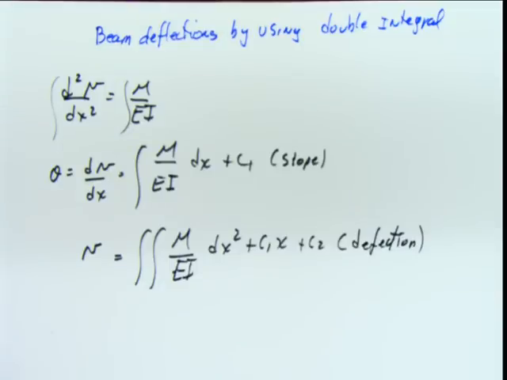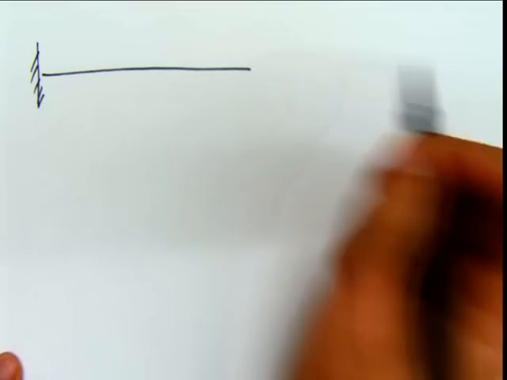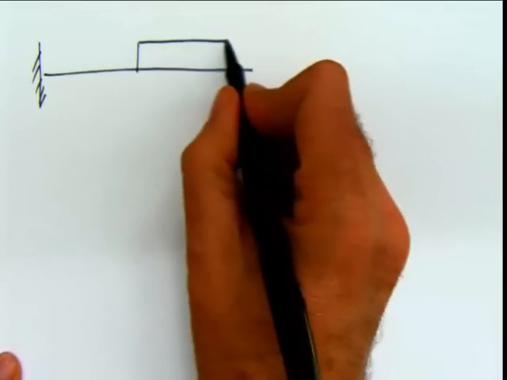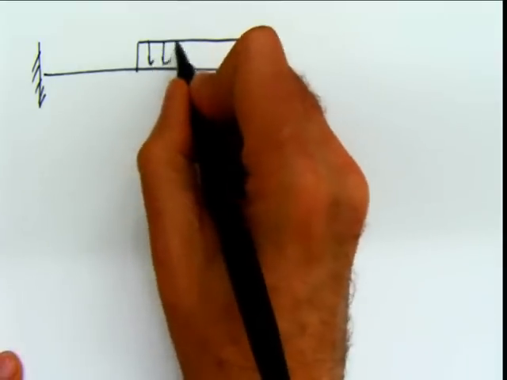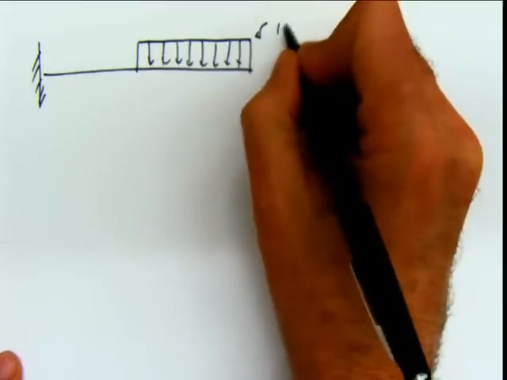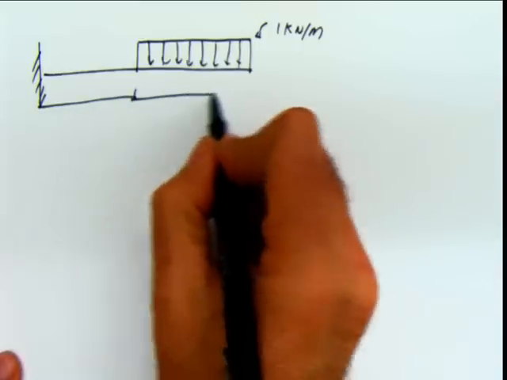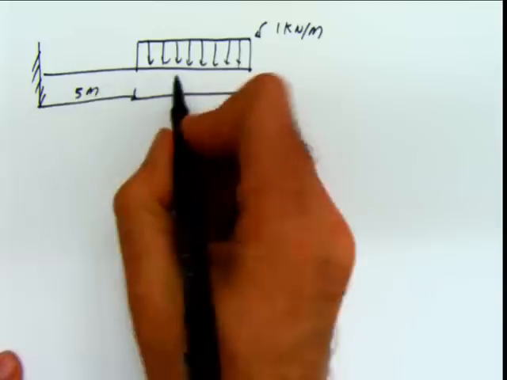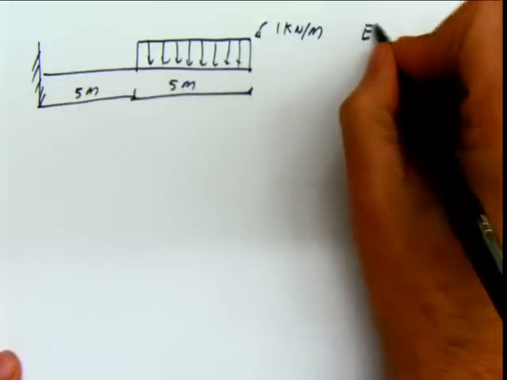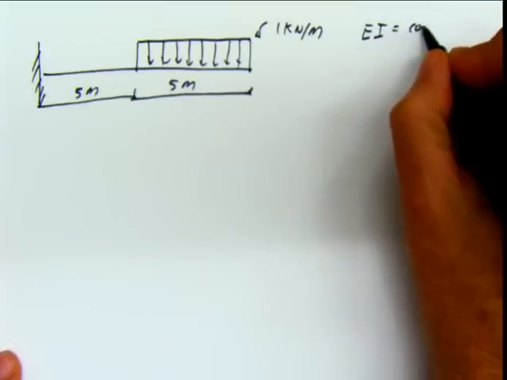The first example that we are going to do today: we have a beam with a fixed support at this end, and we have a rectangular distributed loading with a value of 1 kilonewton per meter, and this distance is 5, and EI is constant.